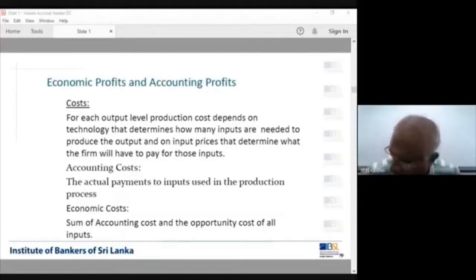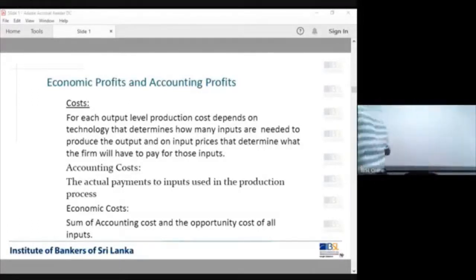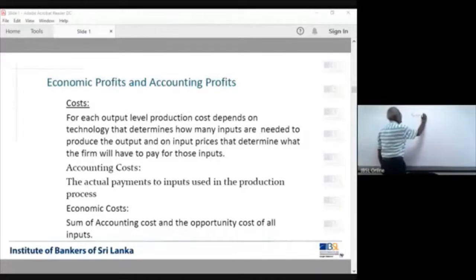Revenue is a function of consumer demand.